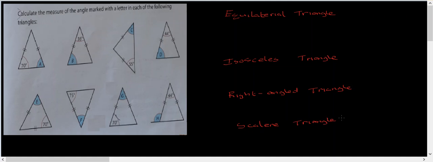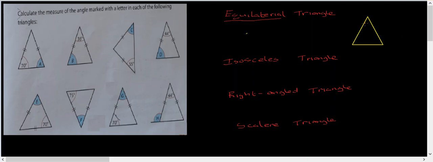Okay, so let's have a look and think about what these are, just as a bit of revision, a little bit of recap. If we take the first one, with an equilateral triangle, remember we have the 6 parts of a triangle.